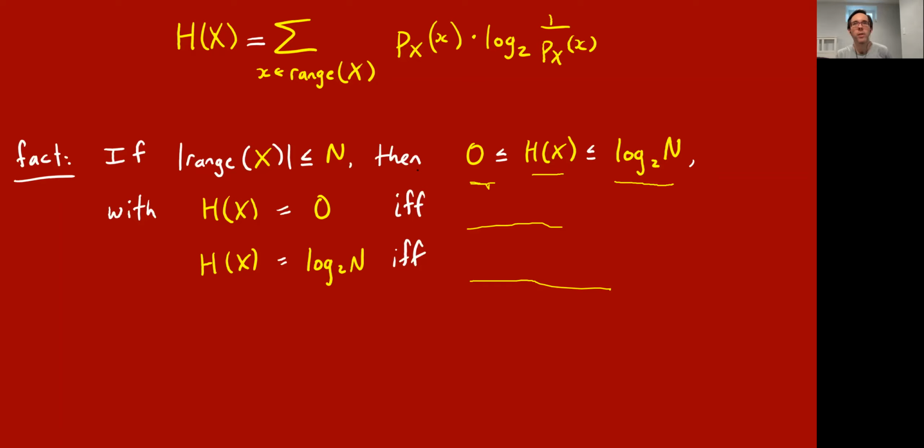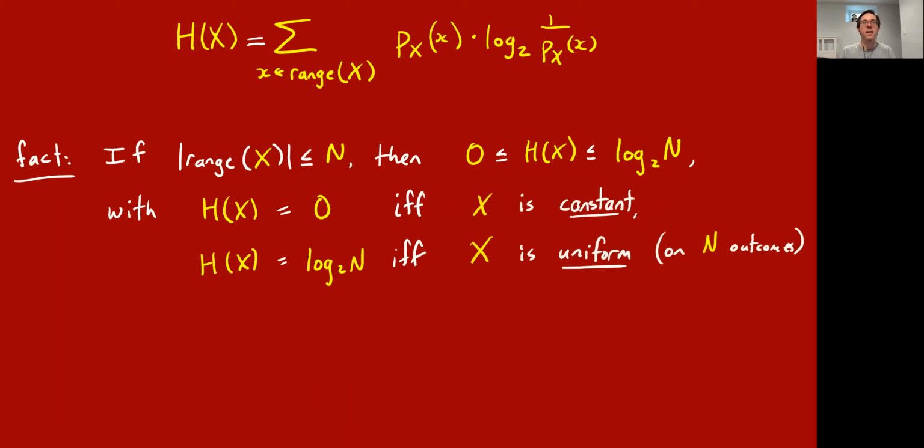Okay, so we can think about when these two inequalities are sharp. Feel free to type into the chat: what random variables x have 0 entropy, and which random variables have log n bits of entropy, where n is a bound on the number of outcomes? Yeah, so a couple of people have said it correctly. That's right.